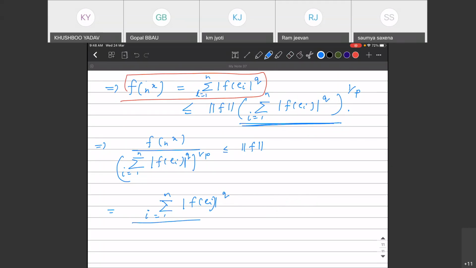Let me write it first: summation i from 1 to n f(ei) to the power q, whole power 1 by p.